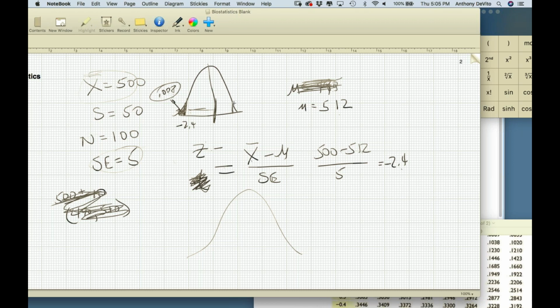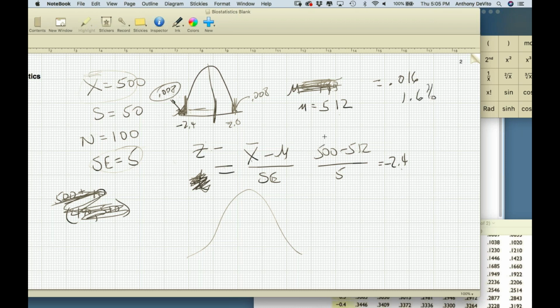I could have just as easily gotten a value that was plus 2.4, so there's another 0.8% to account for, because I didn't know ahead of time whether one group was bigger or smaller. In total, the probability that I could get that extreme a value below or above the mean and still be from the same population is 0.016, or 1.6%.